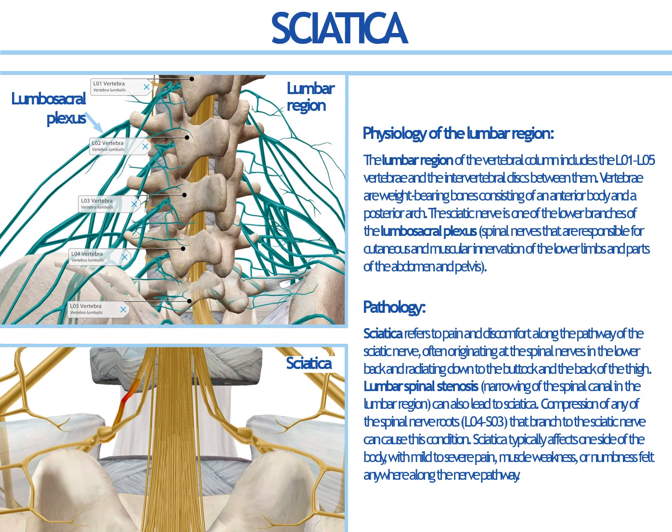Compression of any of the spinal nerve roots from L4 to S3 that branch to the sciatic nerve can cause this condition. Sciatica typically affects one side of the body with mild to severe pain, muscle weakness, or numbness felt anywhere along the nerve pathway.